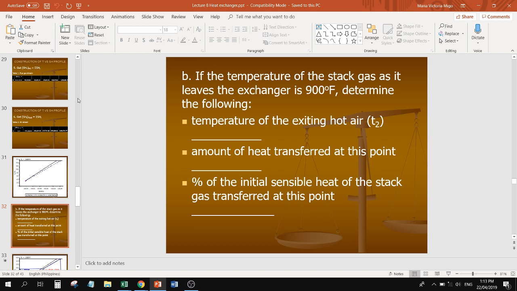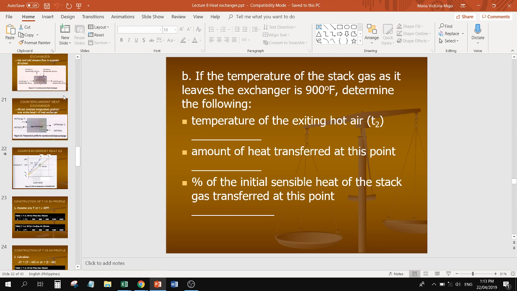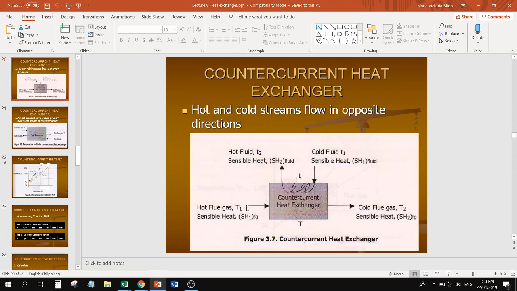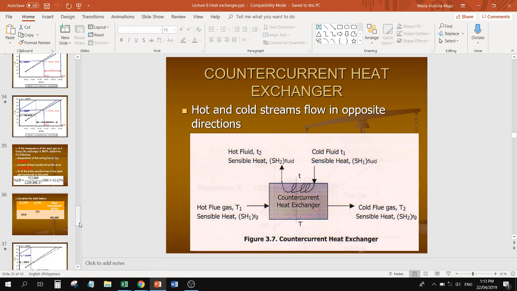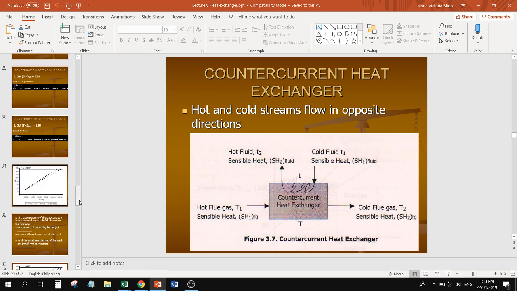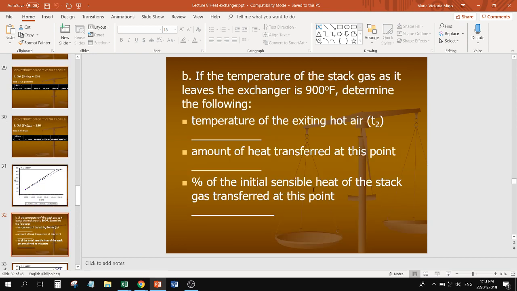So the question would be, for example, from 1500 degrees Celsius, the stack gas or flue gas would leave at 900 degrees Celsius. What would be the heat transferred at this point? What would be the temperature of the cold fluid at this point? And then, what is the percentage of the initial sensible heat of the stack gas transferred at this point?